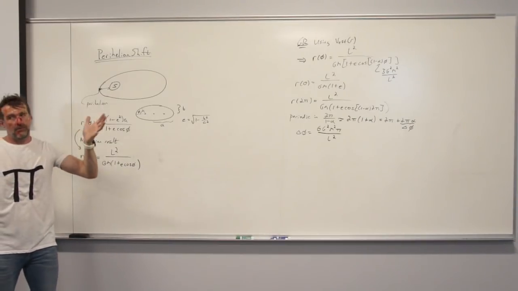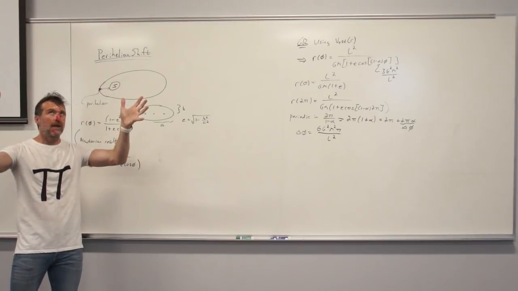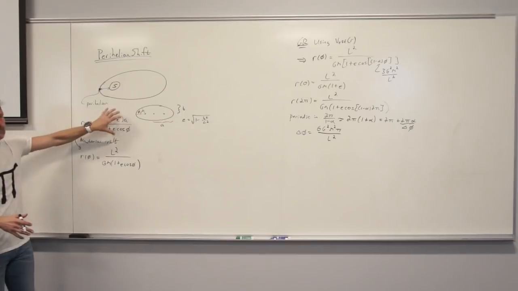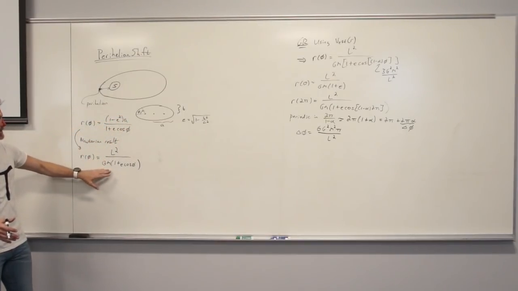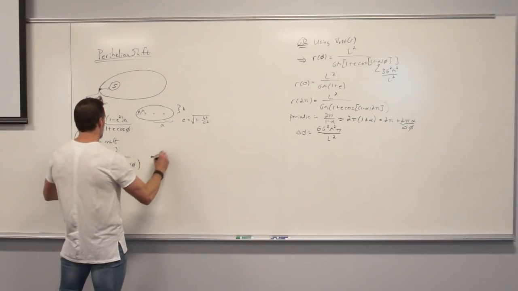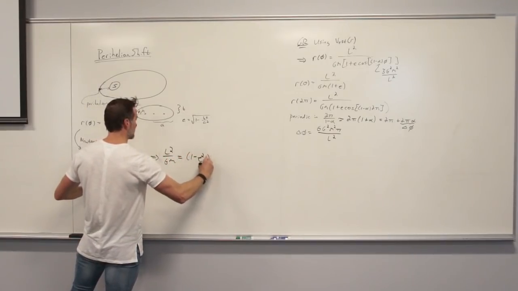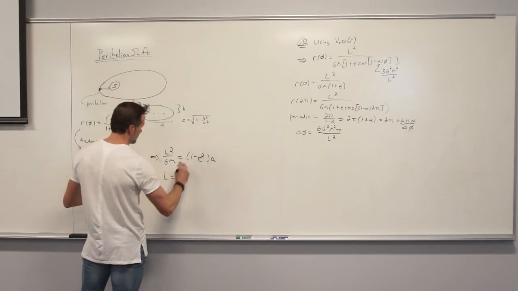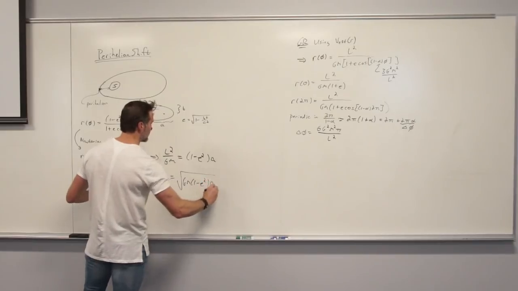You can, in principle, watch planets in their orbits and discern the geometry of the ellipse. But then comparing it to this equation, it tells us that L squared over GM must just be (1 minus e squared) times A, or L is the square root of GM times (1 minus e squared) A.